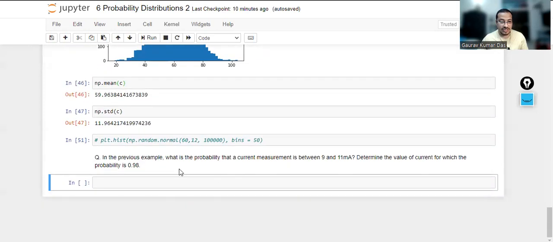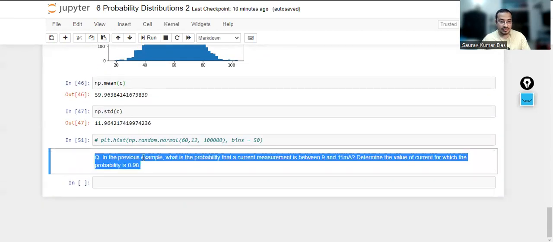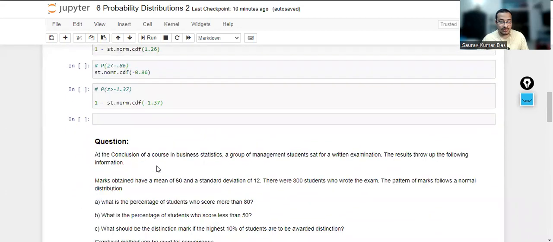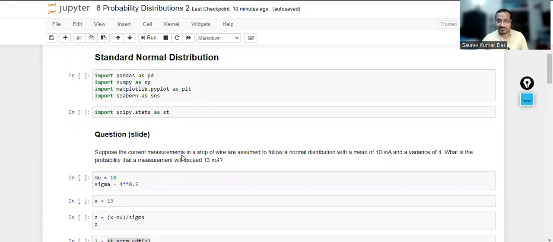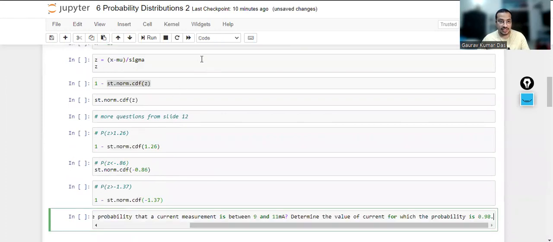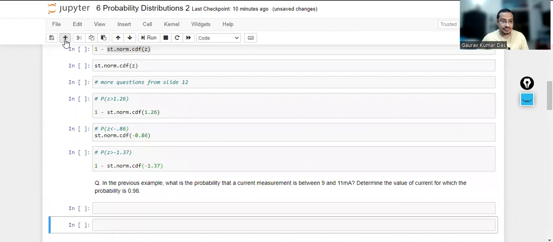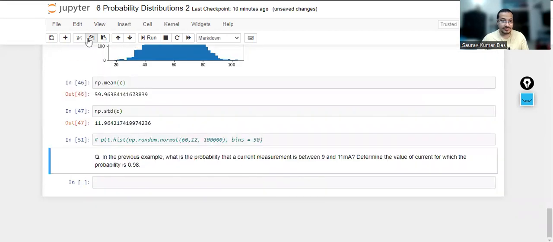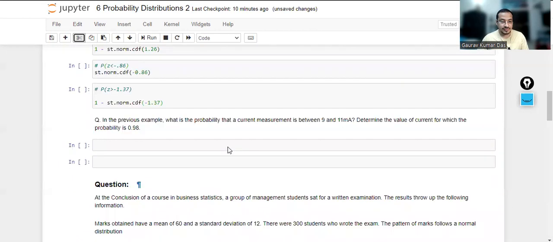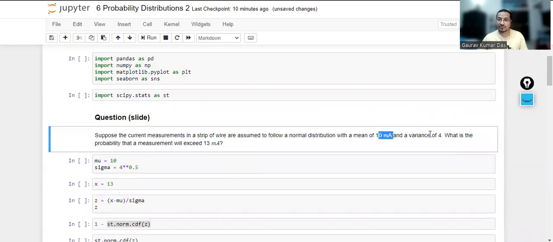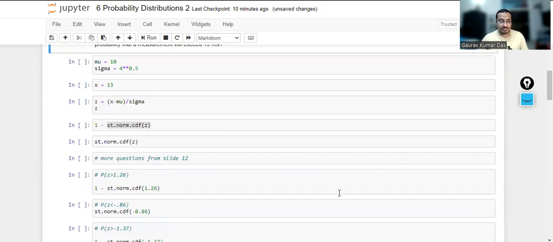Now, this question is actually from the previous part, where we had solved the question from the slide, which was this one. So let us put the question here itself. Let us try to solve this. Here we saw that the mean was 10 ampere, variance was 4, which means sigma was 2, right?